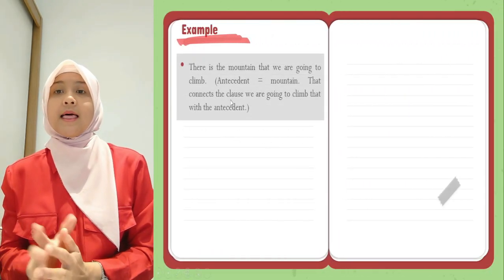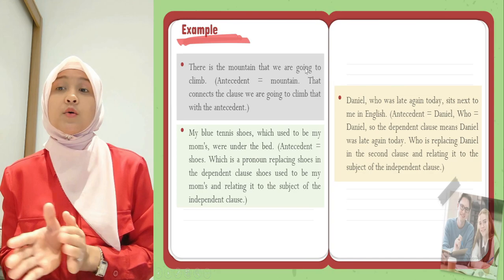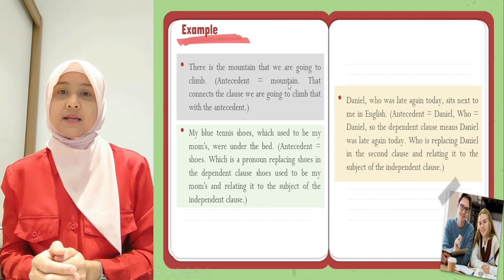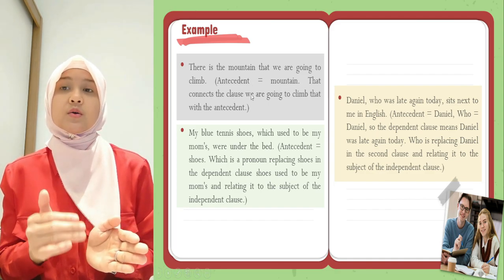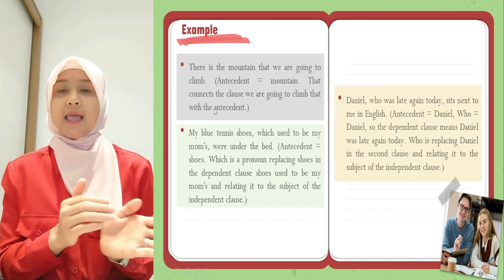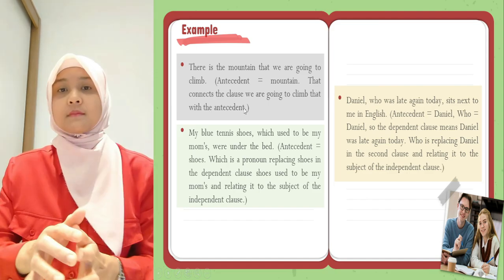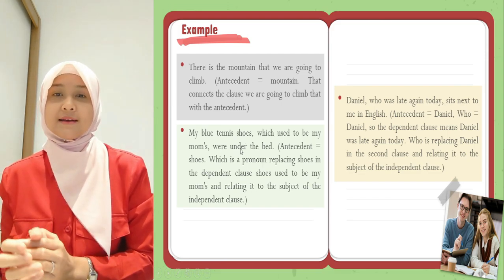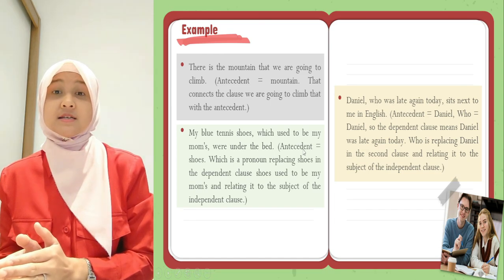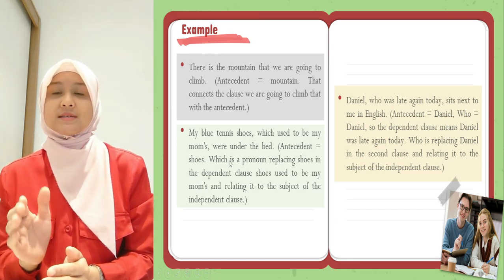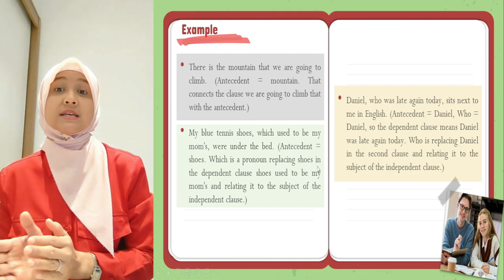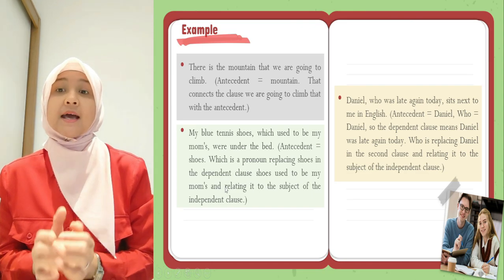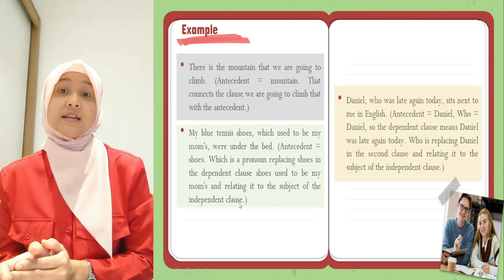For example, there is the mountain that we are going to climb. Antecedent, mountain. That connects the clause we are going to climb with the antecedent. My blue tennis shoes, which used to be my mom's, were under the bed. Antecedent, shoes. Which is a pronoun replacing shoes in the dependent clause, shoes used to be my mom's, and relating it to the subject of the independent clause.